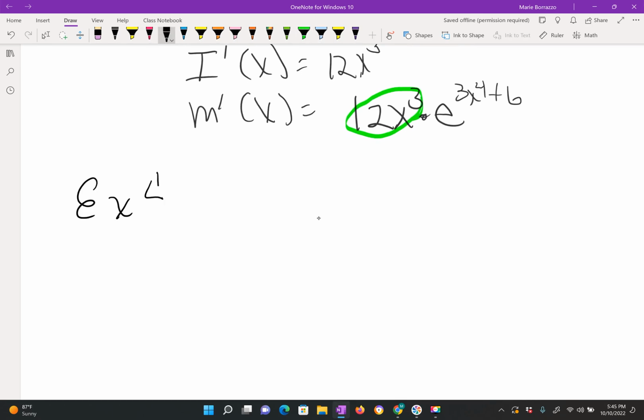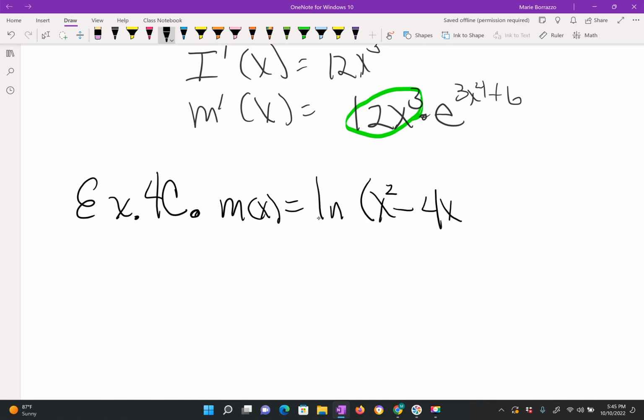We're still in example 4, but part C. In this one, the function that I'm going to give you, m of x, is equal to natural log of x squared minus 4x plus 2. As I'm setting it up, my derivative of ln u, where u is obviously all that stuff, is going to be 1 over u.